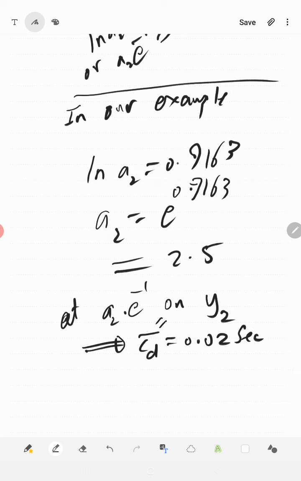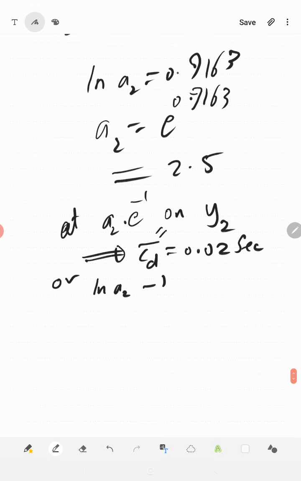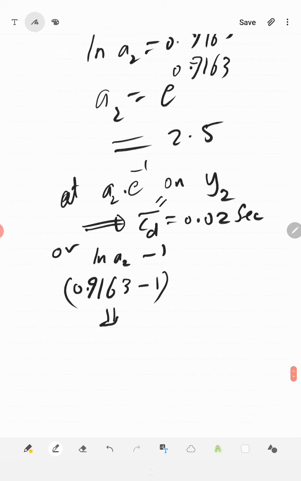You can look at the example and you'll find it is about 0.02. Or ln A2 minus 1, which is 0.9163 minus 1, will give you tau d subtransient equal to 0.02 or so seconds, on the ln Y2 curve.